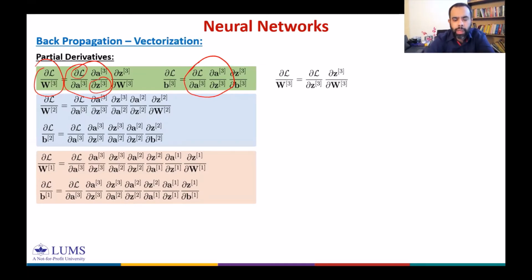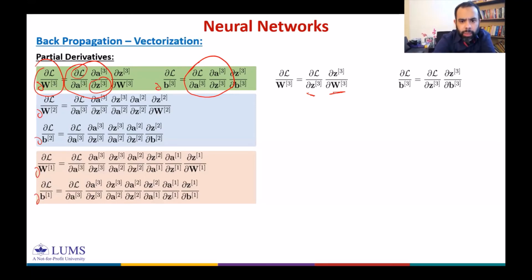So partial L over partial Z3 times partial Z3 over partial W3. Similarly, the partial derivative of loss with respect to B3 would be simply the partial derivative of loss with respect to Z3 times partial Z3 over partial B3.